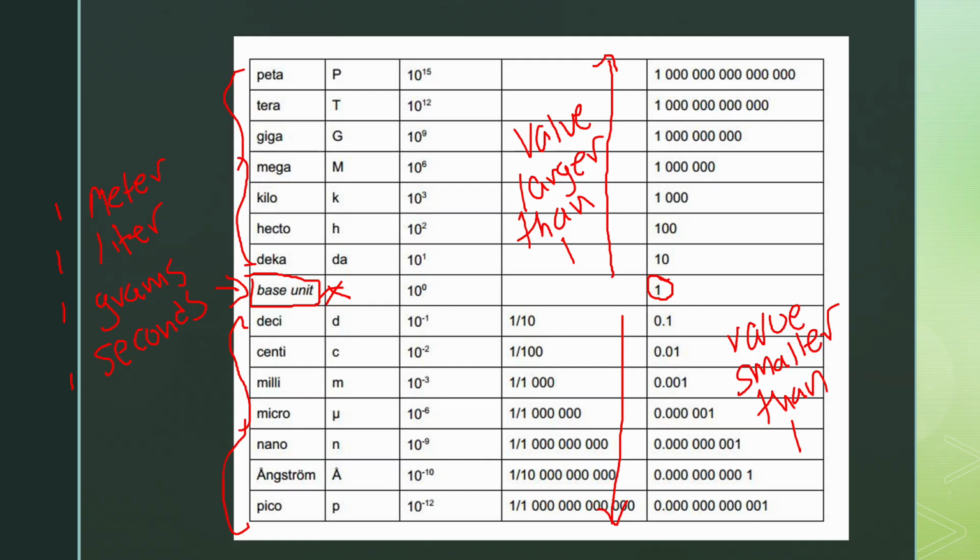One thing I'd like you to notice when we look at this: deca versus deci. Deca is above the base unit. It's larger. Deca represents the number 10, and it's abbreviated DA. Deci is a smaller number than 1. It represents a tenth.